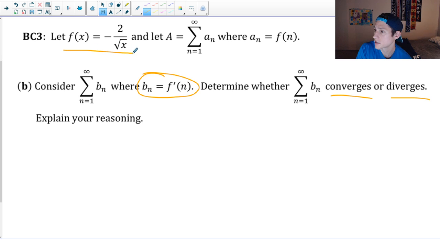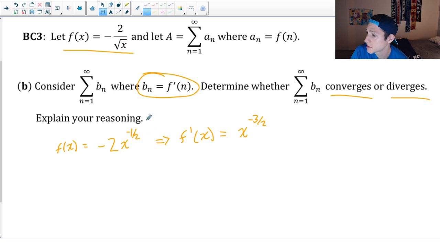So f of x we know is this. So let me rewrite that really quick as -2 x to the -1/2. Okay, and so if that's what f equals, then f prime would be x to the -3/2.